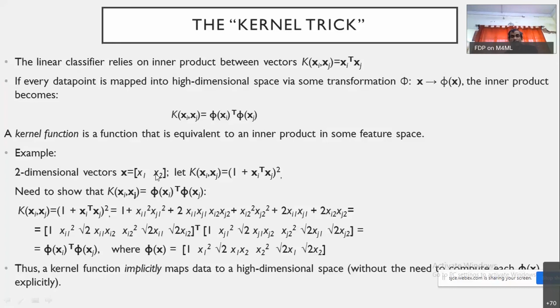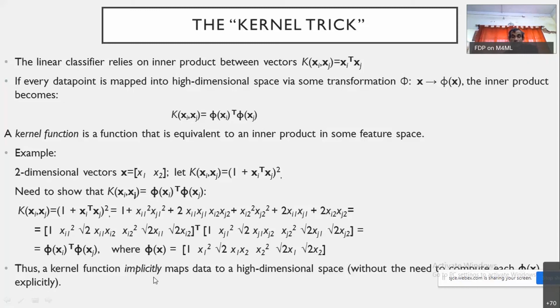Okay, so that's a very simple case. I have the vector x, which has two components, and K(x, y) is equal to (1 + x transpose y) whole square. Then you will see that rather than computing so many terms of this, I can just simply say that K(x) is this, K(y) is this, and this is my product. I don't need to compute so many.